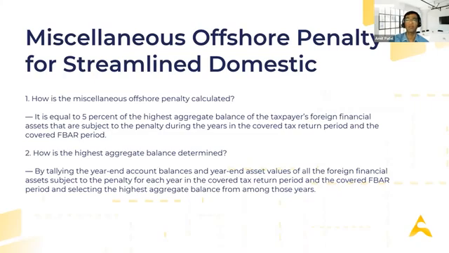Calculate the highest balance of the foreign assets and foreign investments that you failed to report, the maximum value of those foreign assets during the period of non-compliance. Whatever maximum balance you had in each of those 6 years, you pick the maximum one out of those 6 years and multiply that by 5%. That is how the 5% penalty gets calculated.